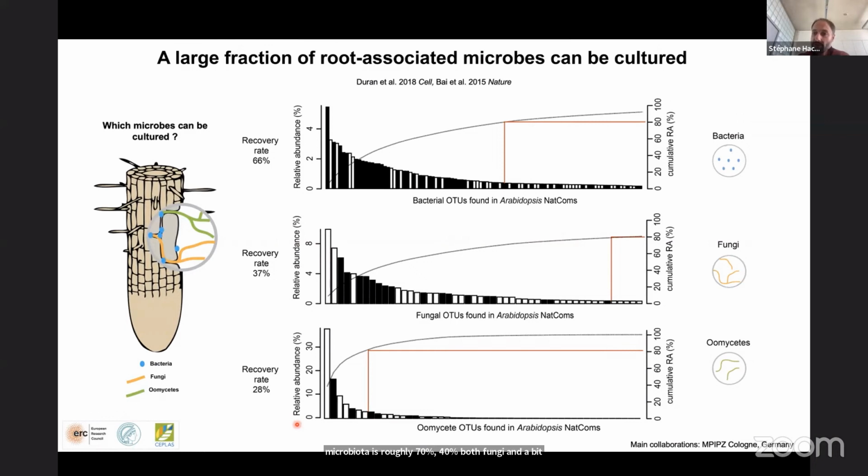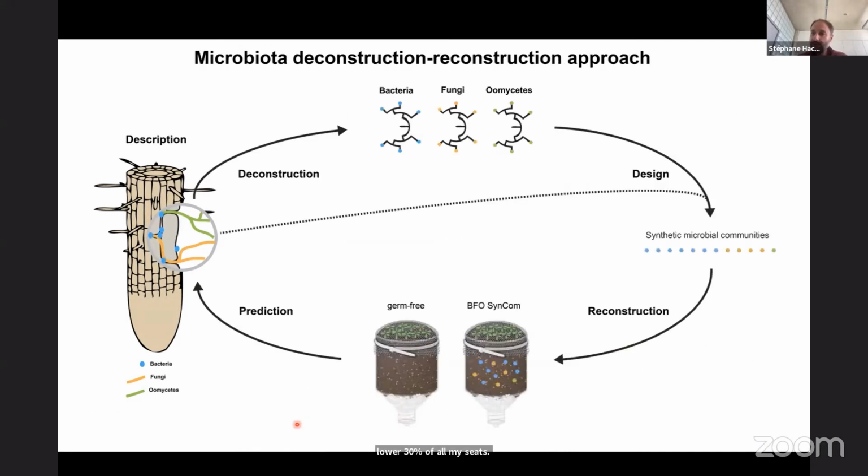This has been important because it suggests that it is really possible to reconstitute very complex multi-kingdom microbial communities under strictly controlled laboratory conditions. So in the next few slides, I want to illustrate how this strategy has been instrumental and what we learn from this reconstitution approach here in gnotobiotic plant systems.